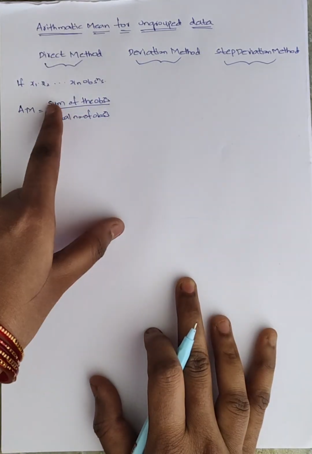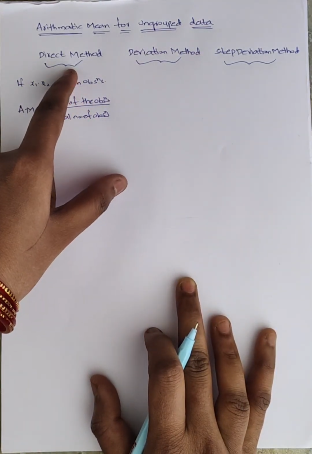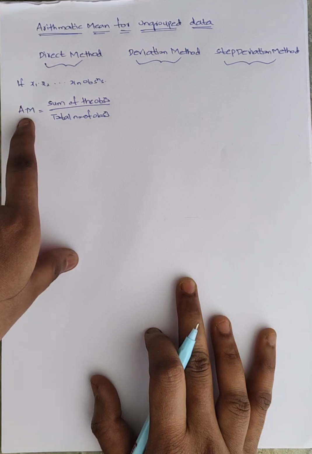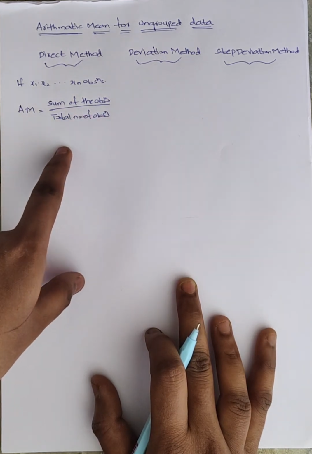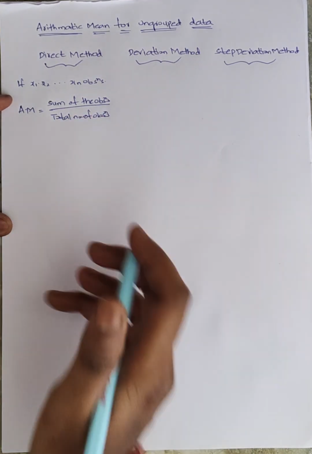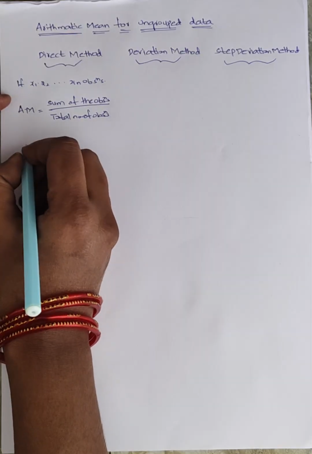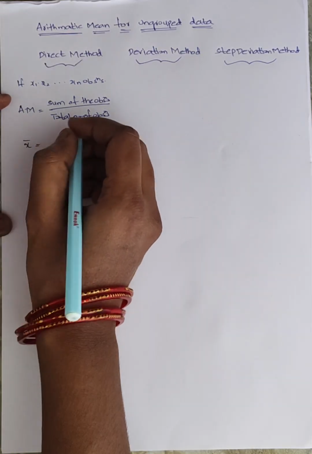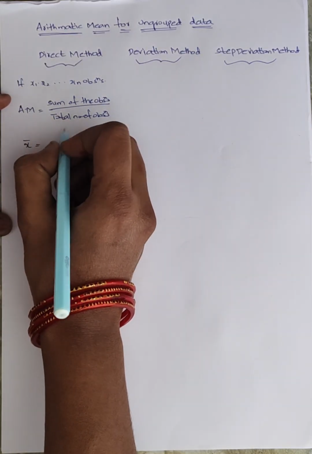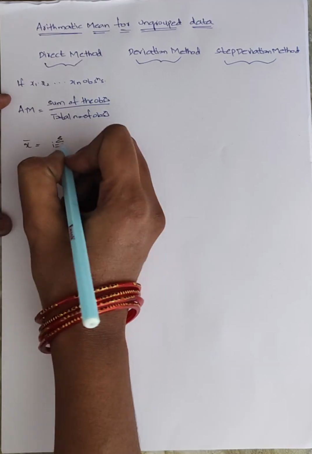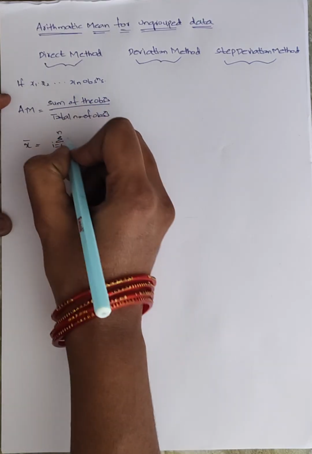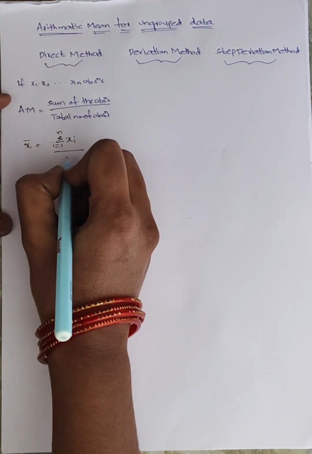We denote arithmetic mean with x bar, which is nothing but summation, or we can call it sigma, i is equal to 1 to n xi divided by n.